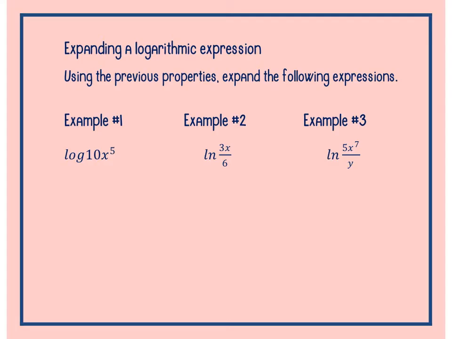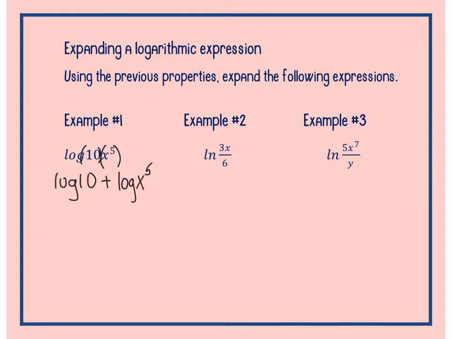So what you actually see here is that you have a 10 times an x to the 5th. So we're going to break it up first before I do it. What property is 10 times x to the 5th? That's the product property. So when I have two things being multiplied, log of 10 plus log of x to the 5th.